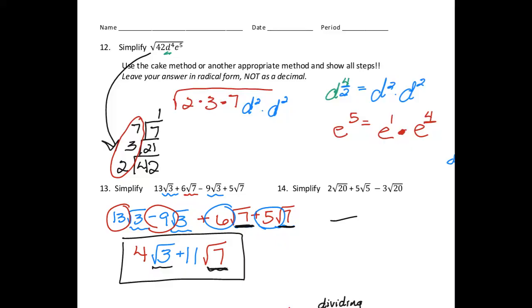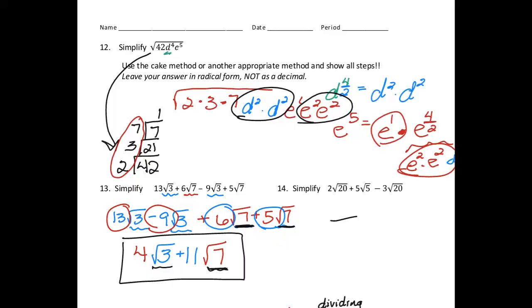Now this is an even number, so I'm going to take that and divide it by 2. And this becomes 4 divided by 2 is e to the 2nd times e to the 2nd. But I need to include all of these to get e to the 5th. So e to the 1st, e squared, e squared. Circle your pairs.